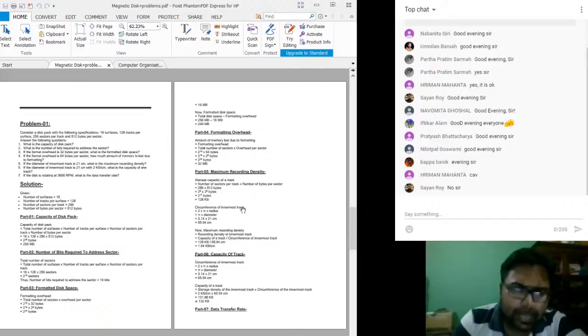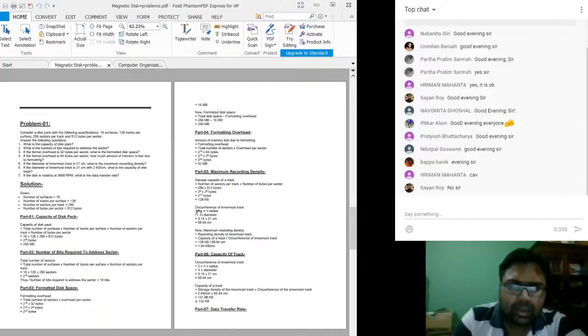So first you are going to find out the storage capacity of the track. Then next, with respect to the circumference, you are going to find out the recording density. So first you have found out the storage capacity of a track.